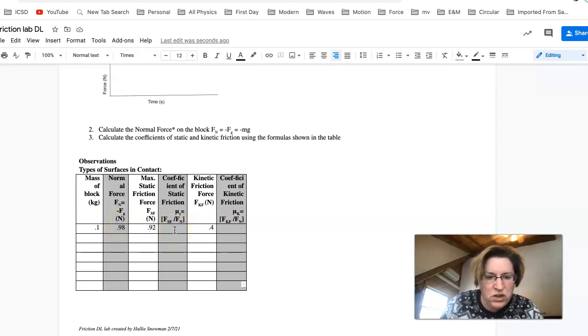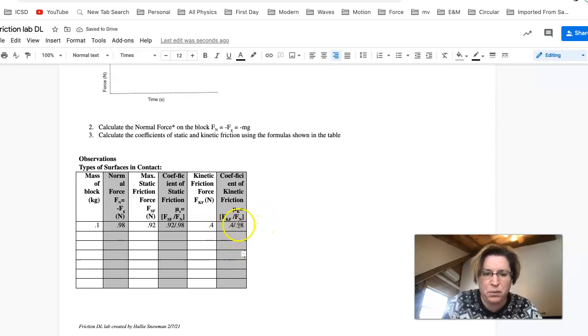To find the coefficient of static friction, I take the force of static friction, 0.92, divided by the normal force, 0.98. You're going to put actual numbers in there, but I'm just showing you how to do it. For the coefficient of kinetic friction, it's the force you recorded, 0.4, over that same normal force, 0.98. Again, you're going to put in your actual numbers.